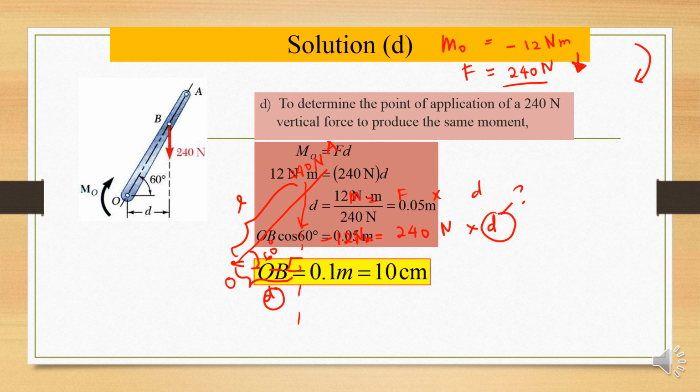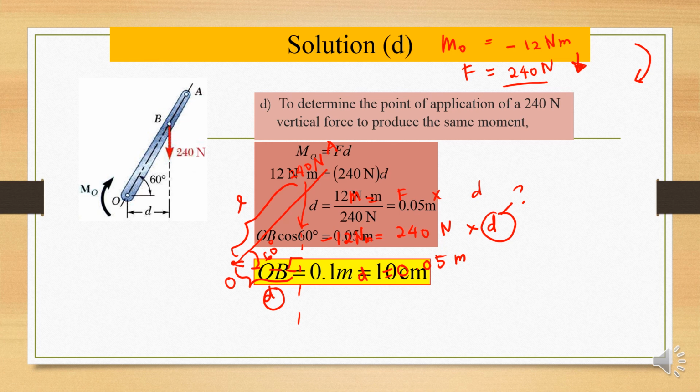Yes, we can, because we can solve this equation. So what will be our D value? We just substitute into the formula and get the D value is actually 0.05 meter.